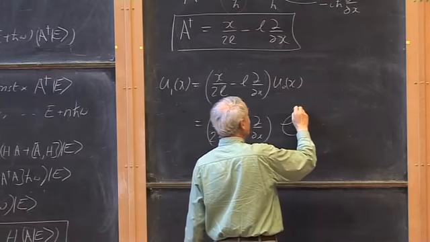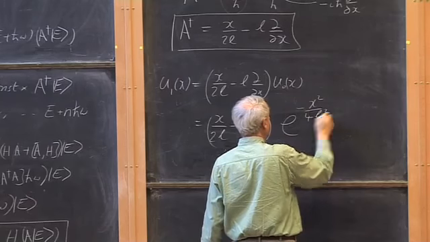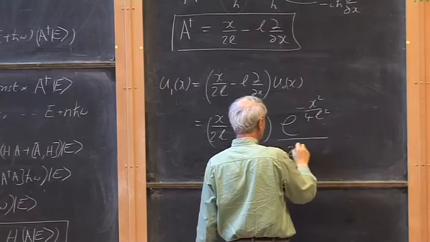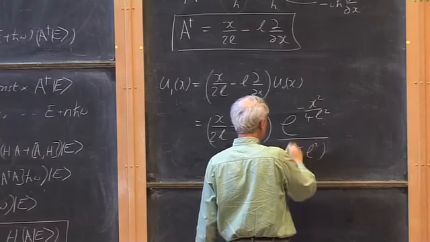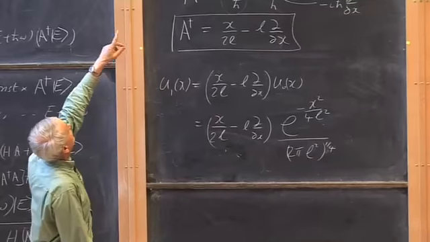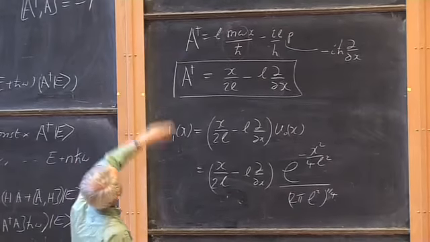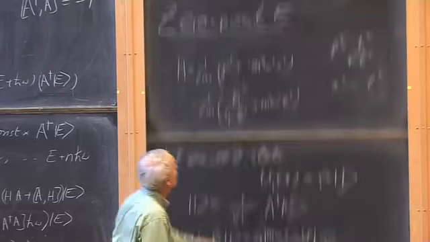Its business end is e to the minus x squared over 4L squared. And under here, I have to have a 2 pi L squared to the 1/4 power. This factor comes in as the normalization constant, so just to see where that comes from.